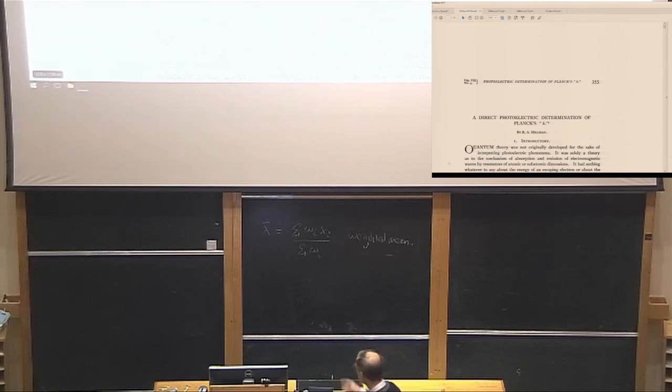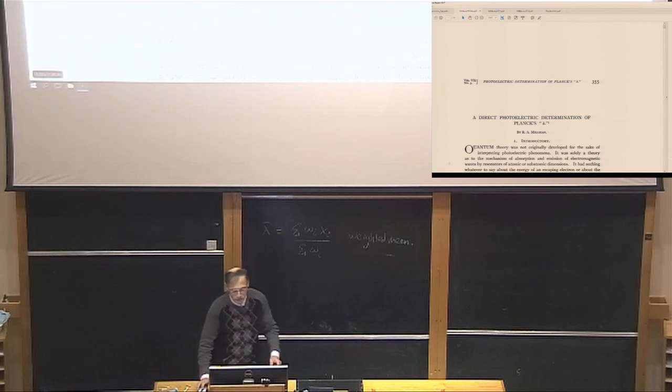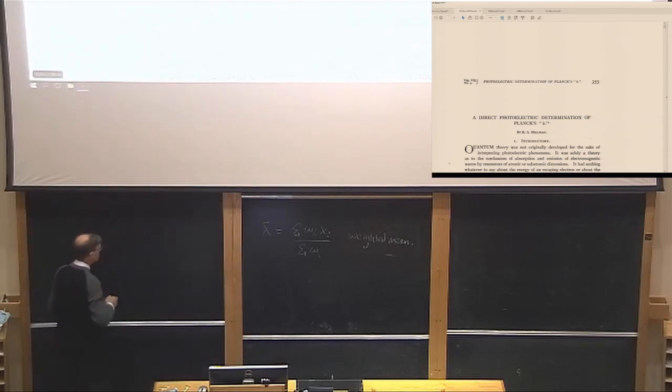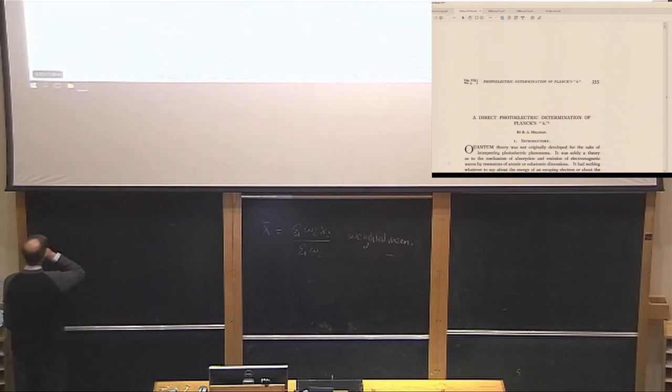He starts off by reviewing the experimental situation, and this is the Einstein photoelectric equation. So I assume you've all come across it. This is one of the famous 1905 papers of Einstein.